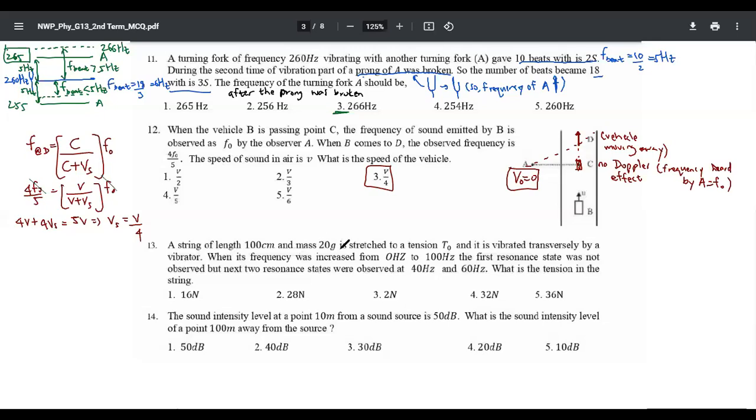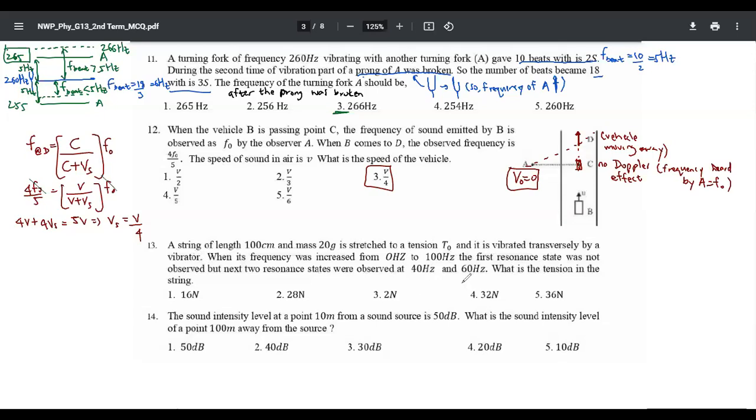A string of length 100 centimeter and mass 20 gram is stretched to a tension of T naught, and it's vibrated transversely from 0 hertz to 100 hertz. The first resonance was not observed, but the next two resonances are at 40 hertz and 60 hertz.